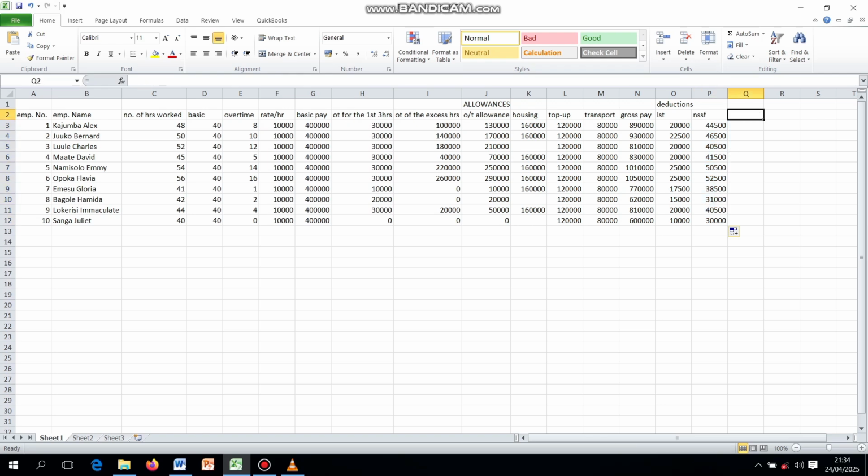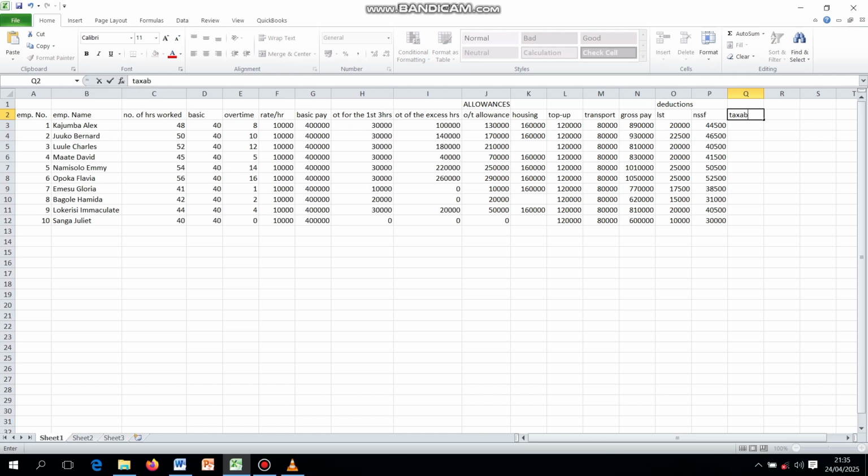The next deduction is per year. But the problem with getting per year, it needs the taxable. So before I get per year, I'm going to get here the taxable pay.